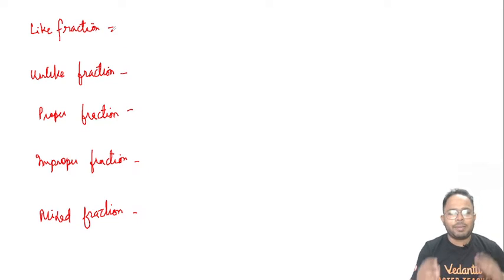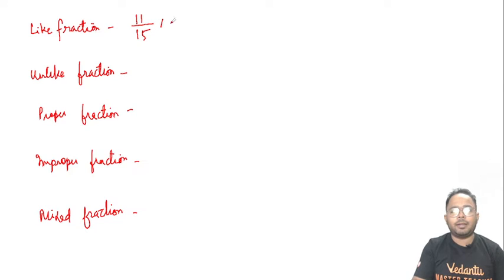Now, like fractions means the denominators of the fractions should be the same. For example, 11 by 15, 13 by 15, 5 by 15. All these are like fractions. Unlike fractions, if the denominators are different.